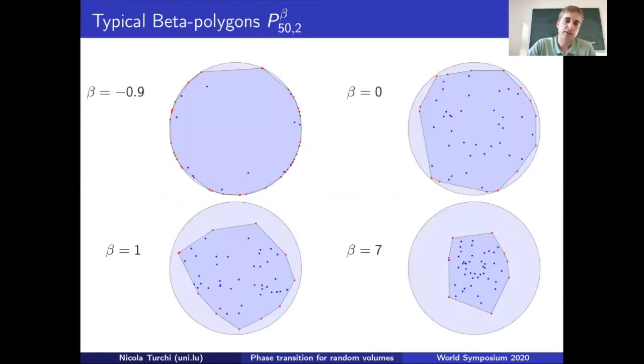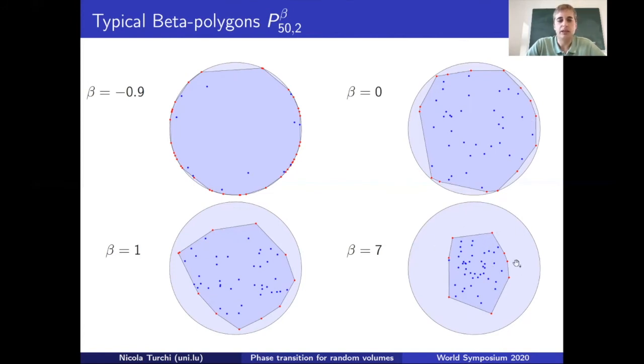And you can see that I made some simulations just for dimension 2, so let's call them beta polygons. Whereas when beta is low, you cover the ball pretty easily already with a small number of points.